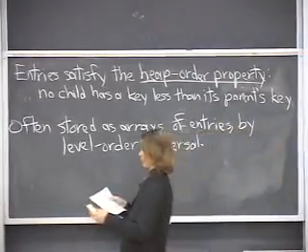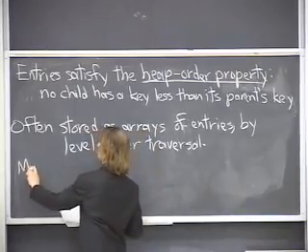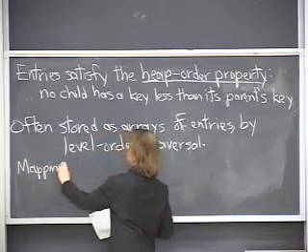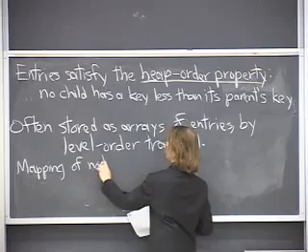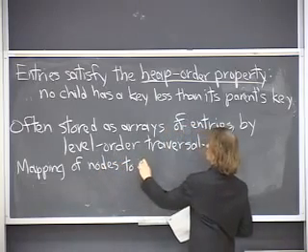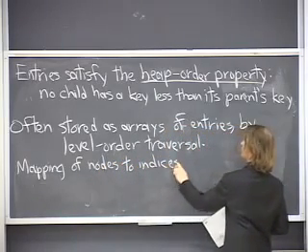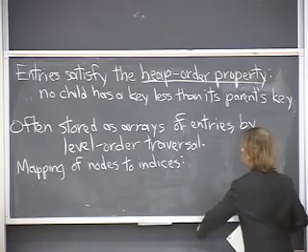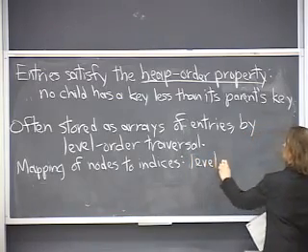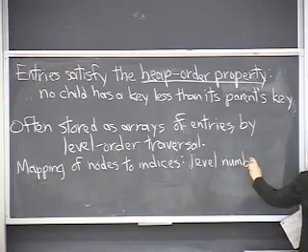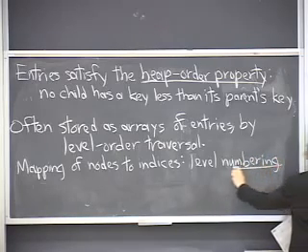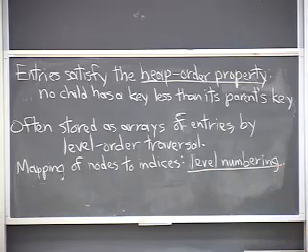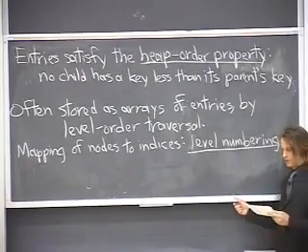The mapping of nodes to indices is also called level numbering. And level numbering makes it really easy to pick out children and parents of particular nodes based on the index of a particular node.